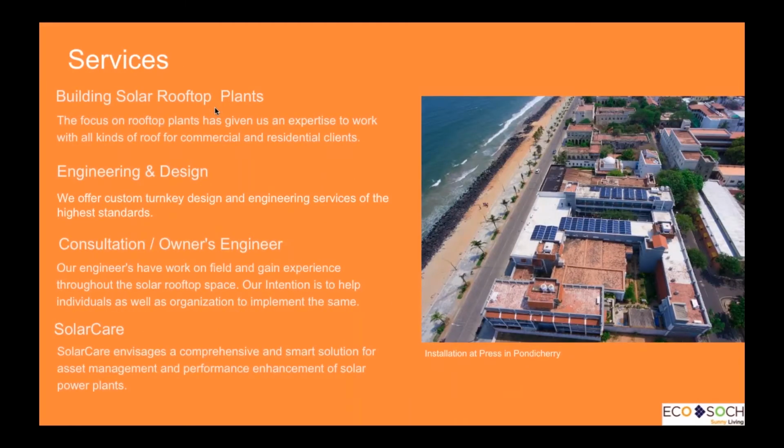The services we offer, of course, include building the solar power plants, engineering and design, consultancy as an owner's engineer, and maintenance. Solar Care is a division which looks after the performance of our plants as well as external plants which developers have left or abandoned, and we manage them and take care of them.